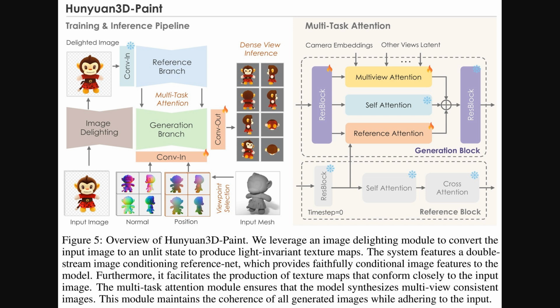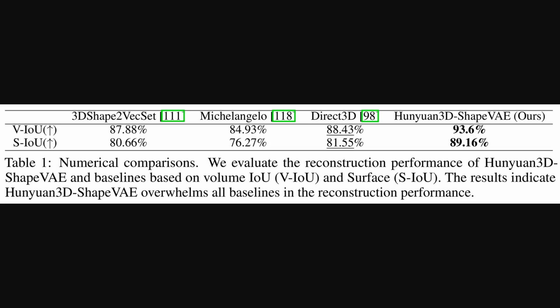A key part is the multitask attention on the right. This uses inputs like camera embeddings, which are numerical codes representing the camera's viewpoint, and combines multi-view, self, and reference attention to ensure the texture is consistent and true to the original image, leading to the dense view inference for the final texture map.